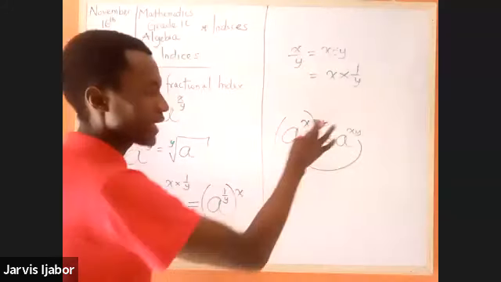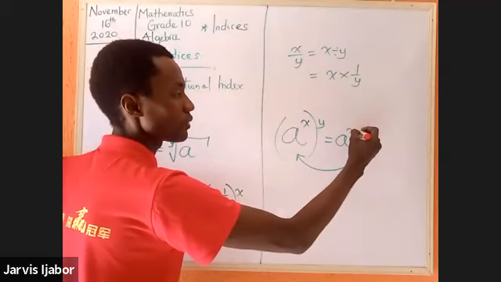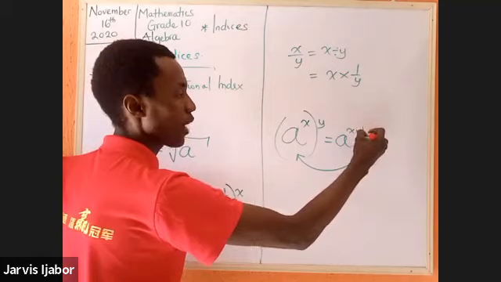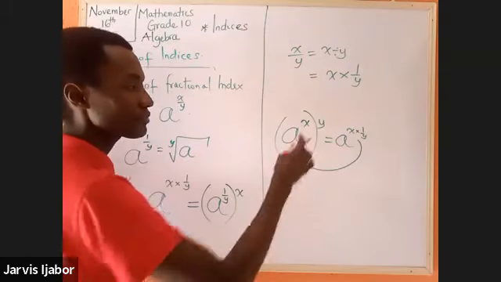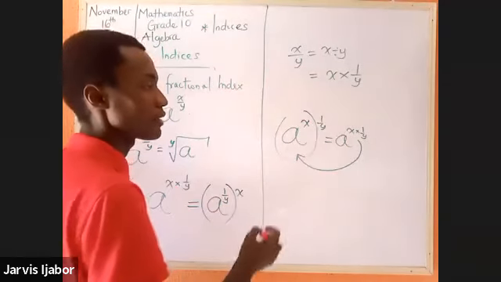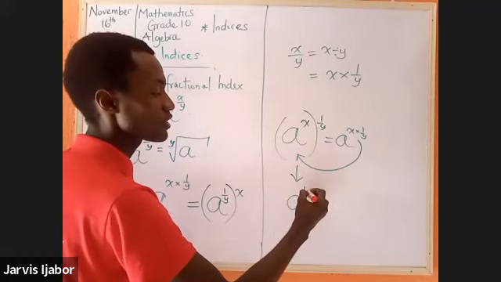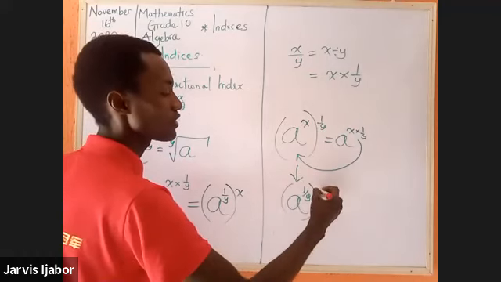Now in your mind's eye, remove this and change it to times 1 over y. What would you have? You have times 1 over y. You can also have this to mean a raised to the power of, treat this one first before you treat this one.